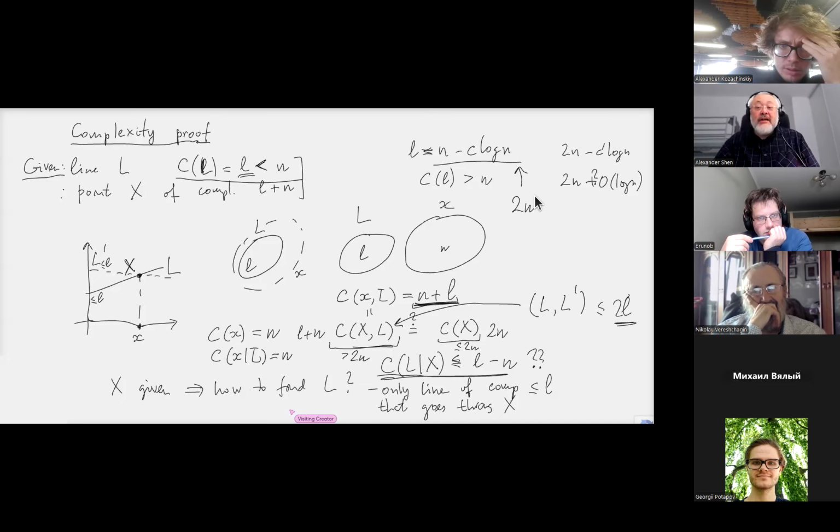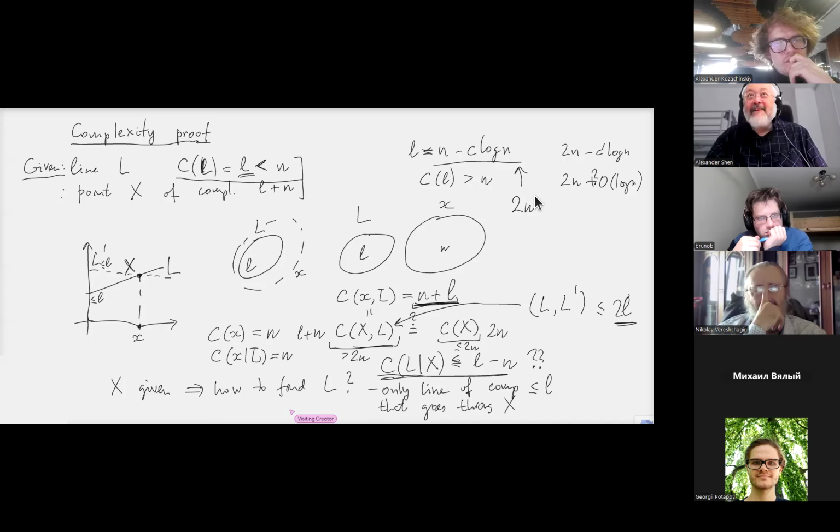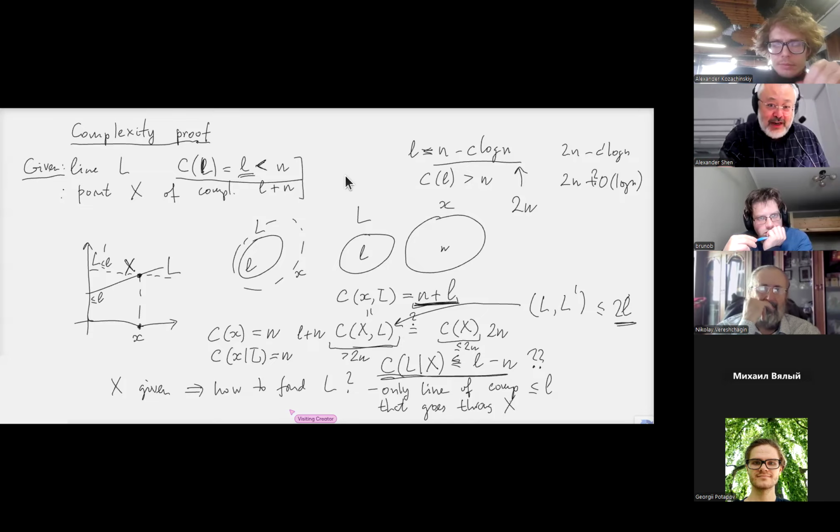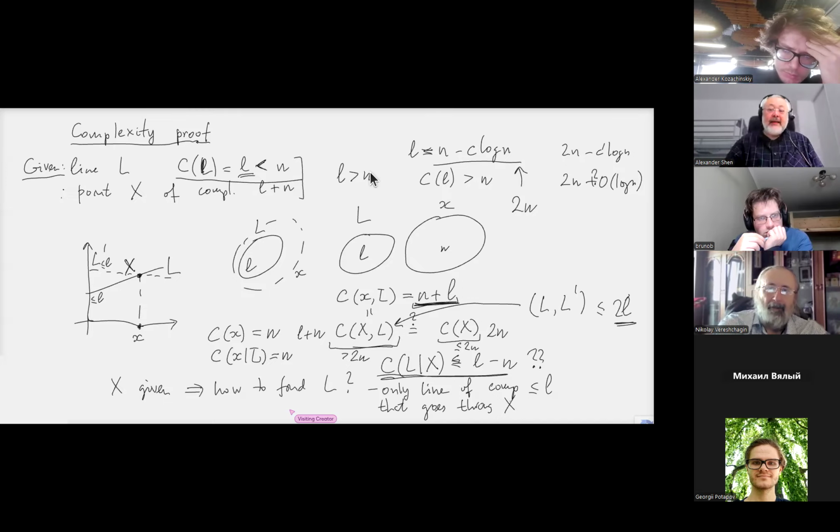And of course, this argument is relativizable. So it's true for every oracle. So we have a line of complexity bigger than n. Let's find some oracle that decreases this complexity up to n minus c log n.